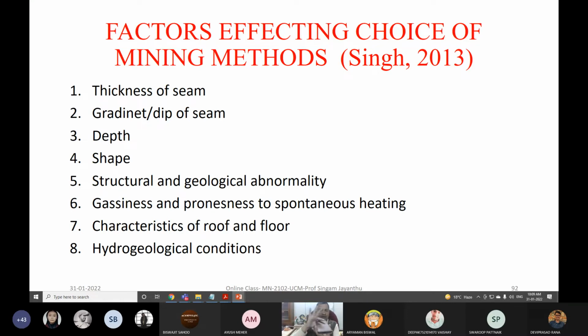We used to have a queen seam of around 10 meter, and below that a king seam with around 70 meter parting, and above that some split seams, index 1 and index 2 seams of 2-3 meter with 3-4 meter parting, 7 meter parting. This is the way there may be so many seams and shapes. Split seams may be there, and there may be folding and all.